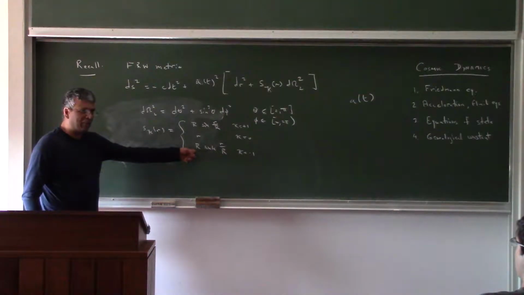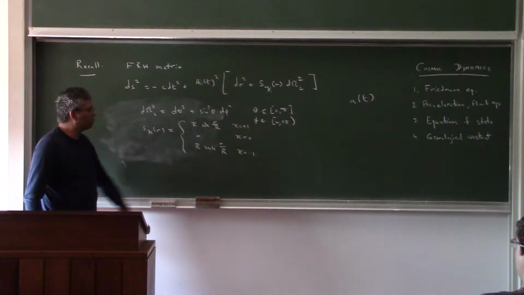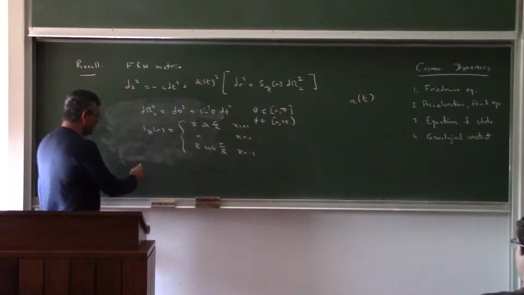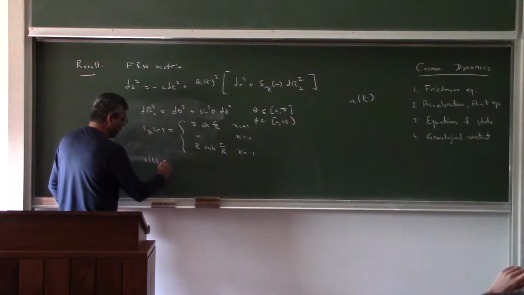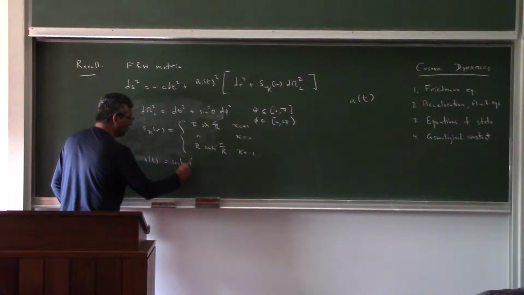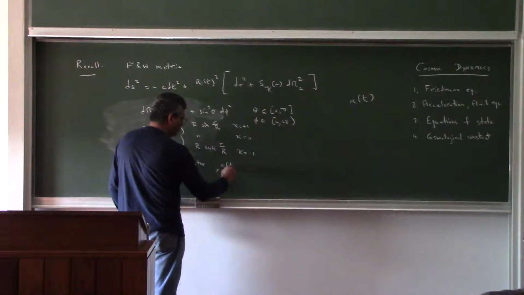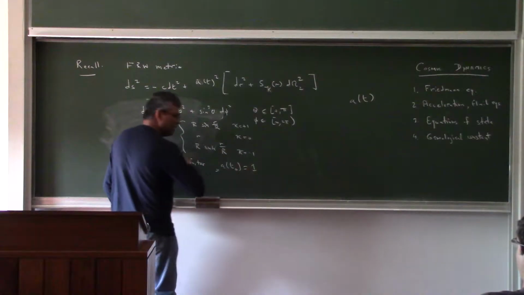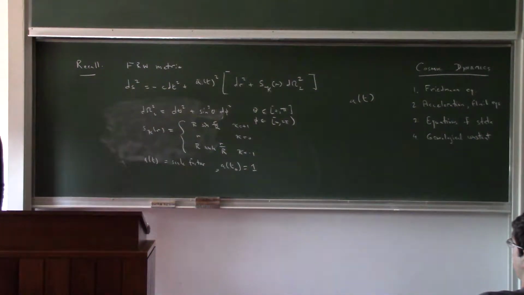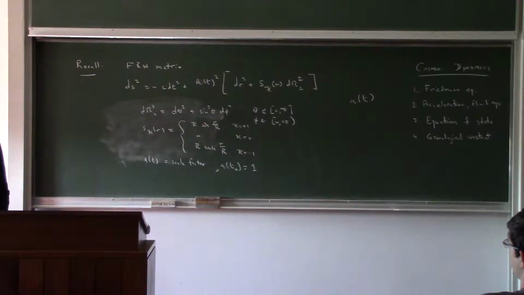And R describes the radius of curvature of the universe. And a(t) is the scale factor. It tells us how big the universe is at a time t, and we normalize things so that a today is 1. Okay, so that's what we derived and discussed last time.